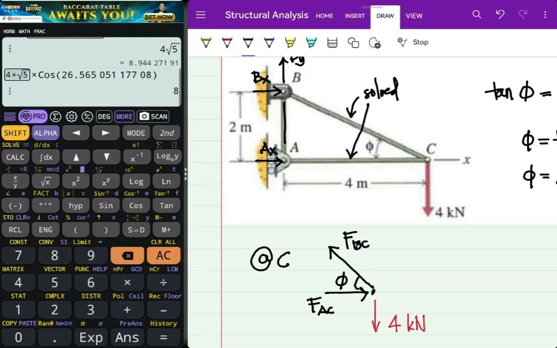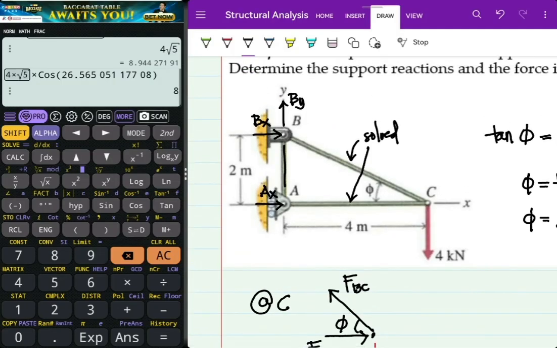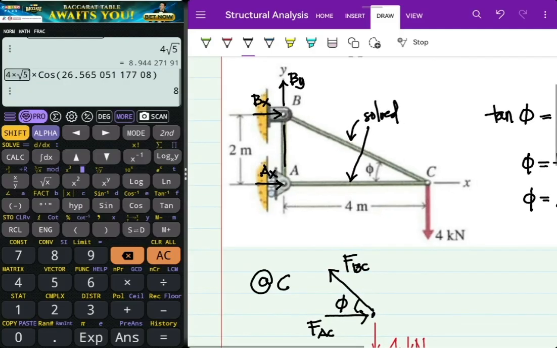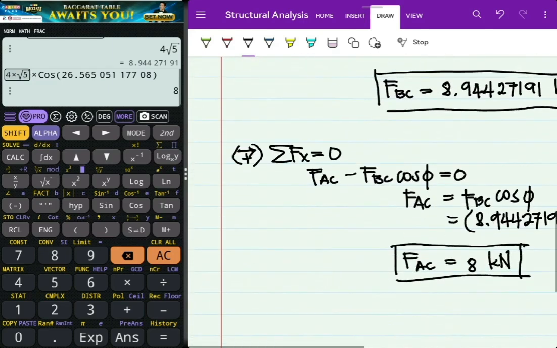So if we do force summation along x and along y, we will end up with 3 unknowns. We don't do that because we cannot solve 3 unknowns using just 2 equations. So we will proceed with point A here.